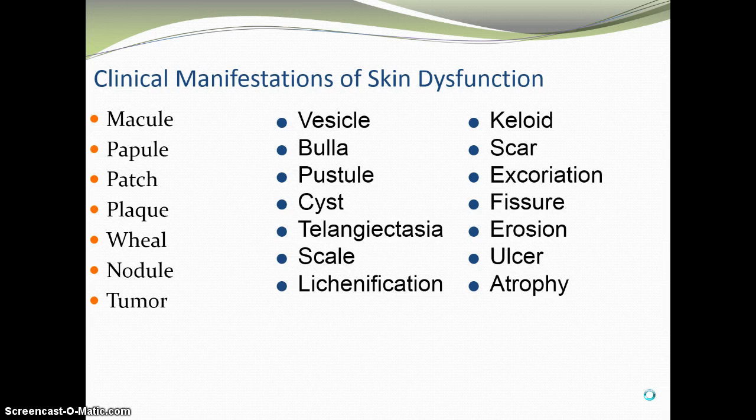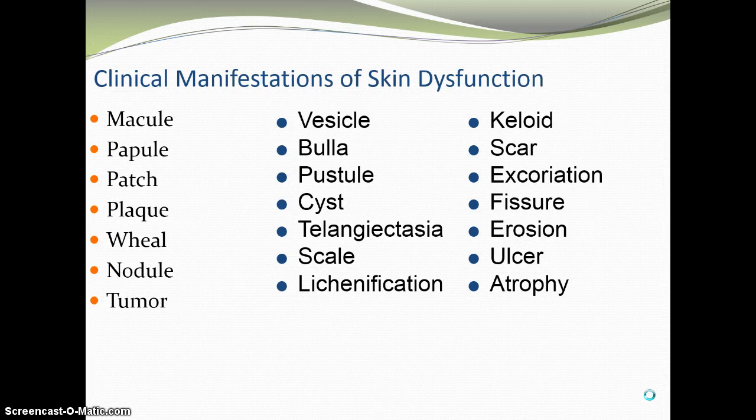There is a vesicle, which is almost like a nodule, except that these are filled with fluid, such as if you ever seen chickenpox or shingles, that's what a vesicle would look like.